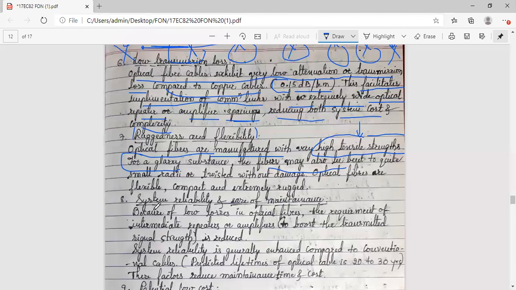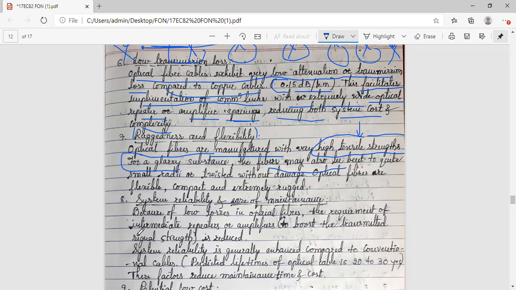Ruggedness is nothing but you can handle it without any care. You can handle it roughly, and it won't make any damage to it. So ruggedness is rough handling.